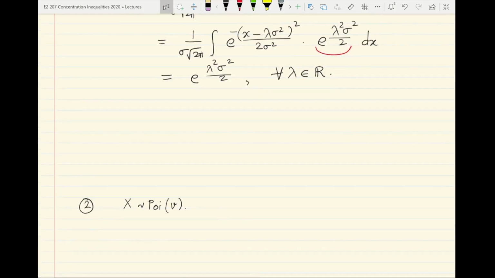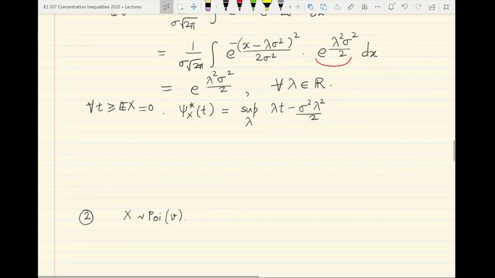So let's assume that there is t which is larger than the expected value of x, which is 0. For all such t, we can compute Cx star of t as the supremum, the unconstrained maximum over all lambda, of lambda t minus sigma square lambda square by 2, which is Cx of lambda.